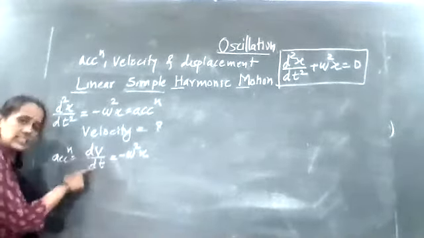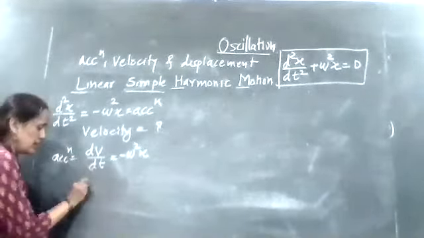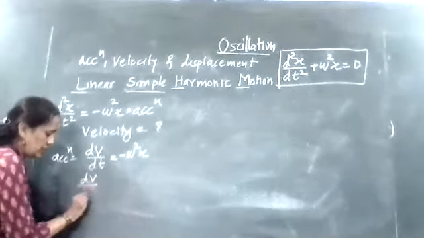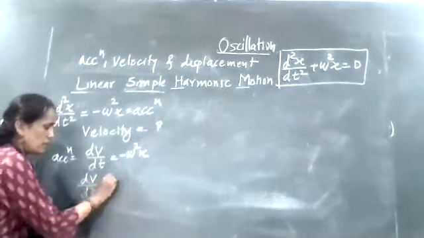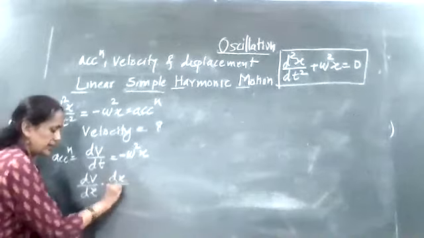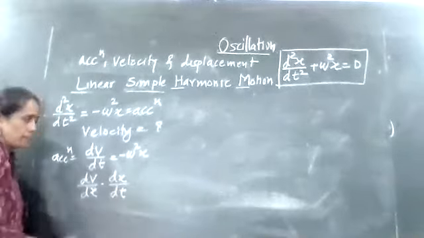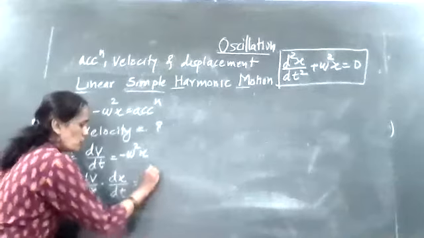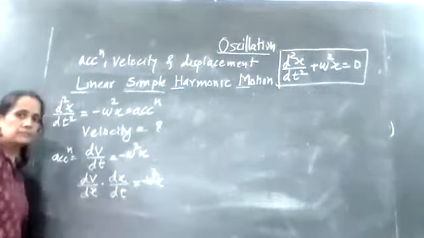I will rearrange this term: instead of dv by dt, I can write dv by dx multiplied by dx by dt, which is equal to minus omega square x.